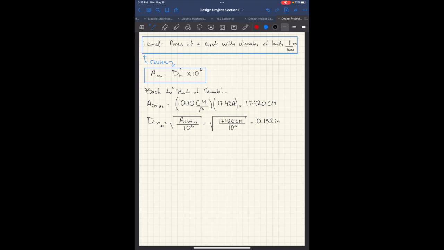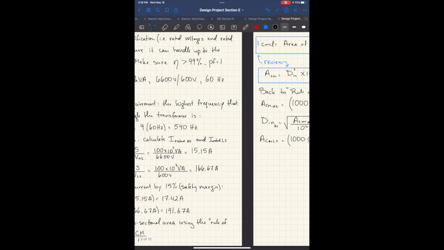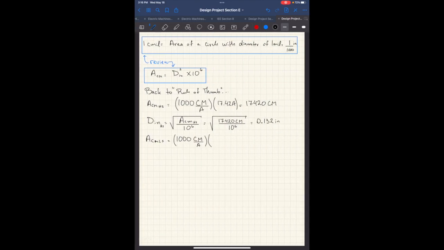All right. Let's do the same thing for the low side. Again, we use the rule of thumb, and the low side current is supposed to be 191.67 amps. When we punch the numbers, we get that the circular mill area that we need is 191,670 circular mill.